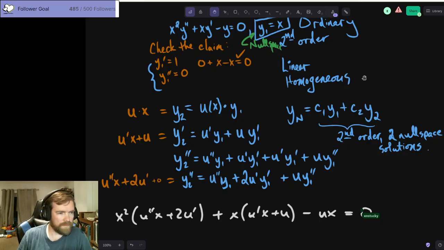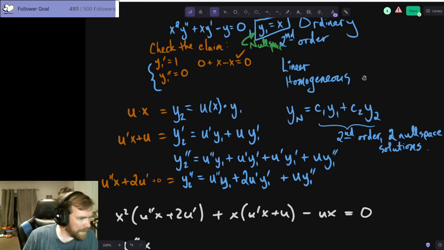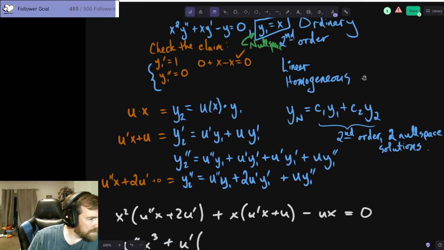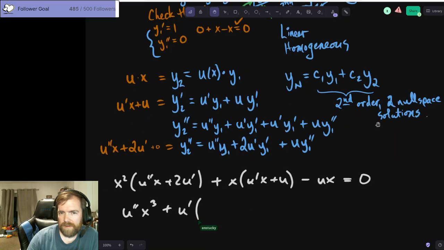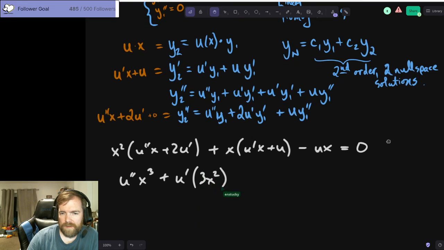Which is going to give u double prime x cubed plus u prime times 3x squared plus 0.